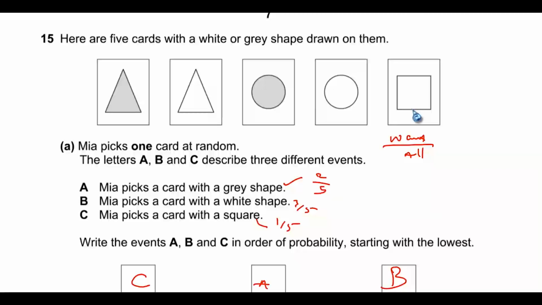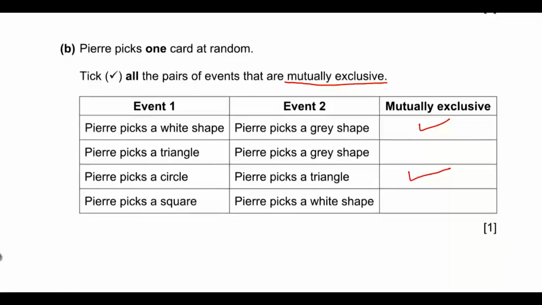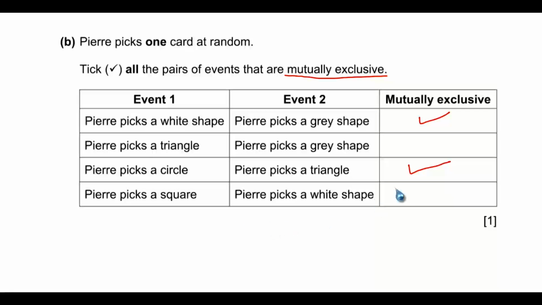So picking the white shape and picking the square can occur at the same time. So the two events are not mutually exclusive. We just have the first and the third.